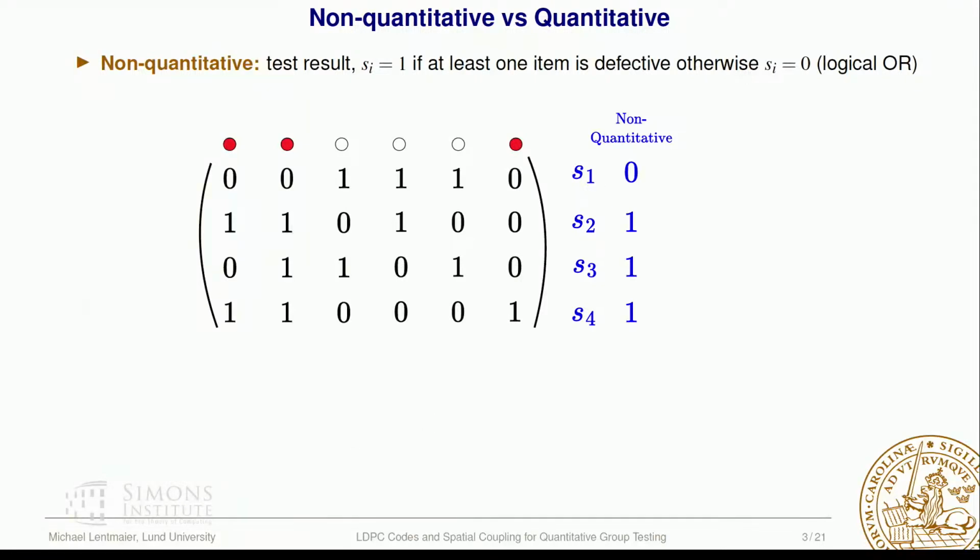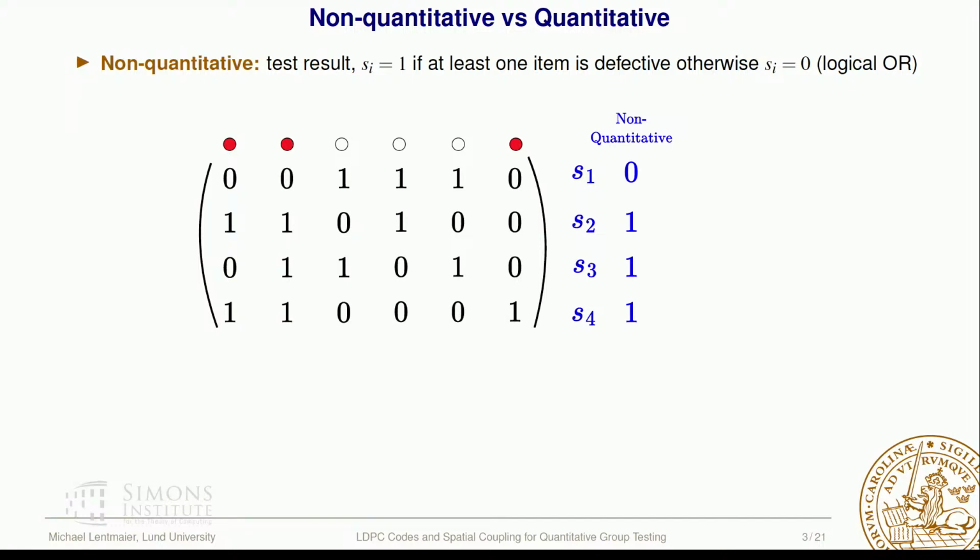Again, we can distinguish between non-quantitative or quantitative group testing. The original results, which are non-quantitative, basically have at the check nodes an OR operation. So every test tells you whether there is a single or more items that are defective. In this case, all the defective items are outside the test set, but here the other ones all indicate some defective item.